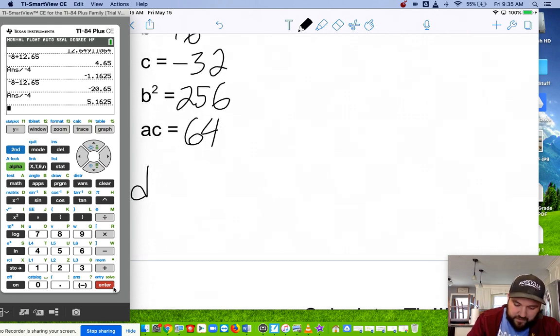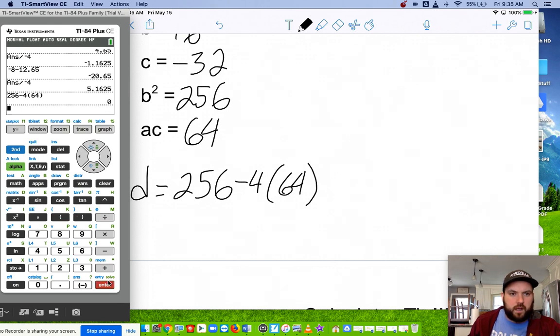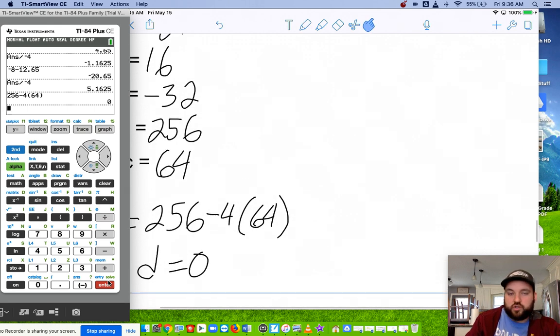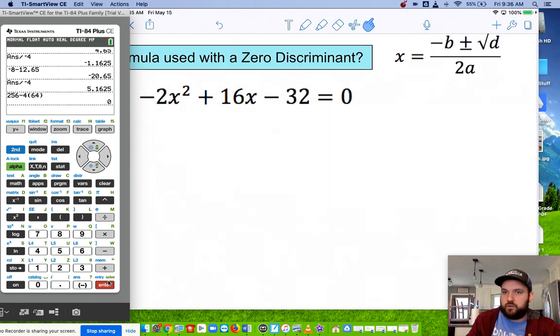So if I find my discriminant value, which is b squared minus 4ac, where ac is 64, 256 minus 4 times 64 should be 0. Let's double check to make sure I didn't do something silly. 64 and 0. So the discriminant value is 0, okay? Which, according to our table from earlier, means there's only one solution.